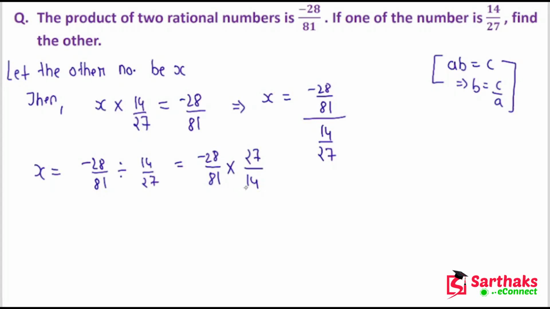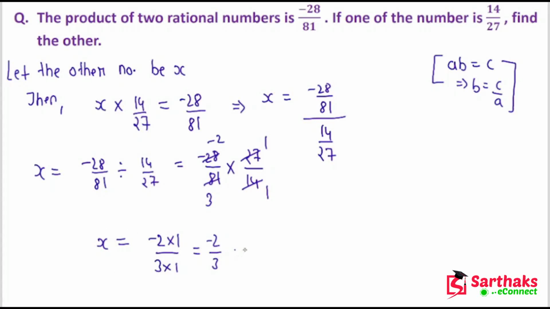Now cancelling out the common factors, 14 is divided by 14 to give 1 and 28 is divided by 14 to give 2, with the minus sign. 27 divided by 27 equals 1, and 81 divided by 27 equals 3. So x equals minus 2 into 1 upon 3 into 1, which is minus 2 upon 3.